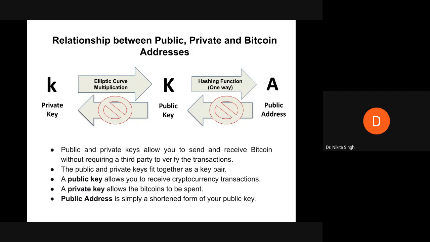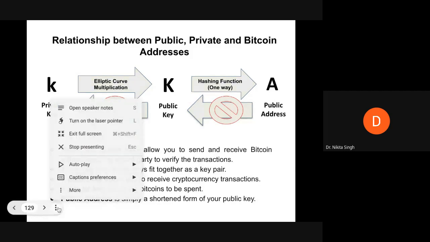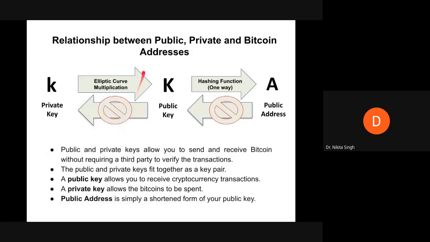So what public key cryptography does is it makes use of trapdoor functions. Now you can see here we are making use of trapdoor functions. So this elliptic curve multiplication and the hash functions, both of them are trapdoor functions.